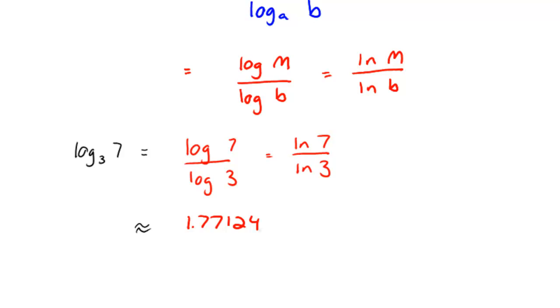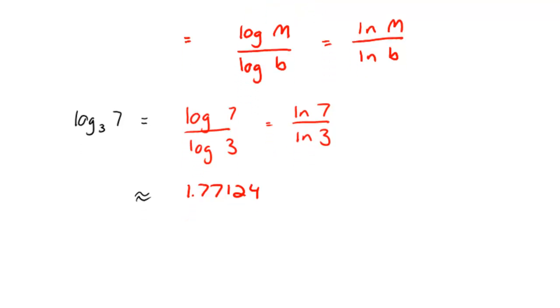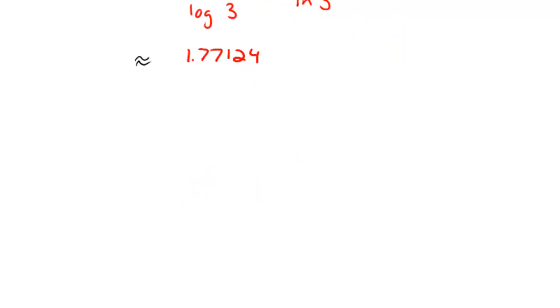And if you think about it, 3 raised to the 2 power is 9, 3 raised to the 1 power is 3, and so the exponent on 3 that would give you 7 would be somewhere in the middle. Let's take a look further. I'm going to scroll down a bit and see why the base change formula works.